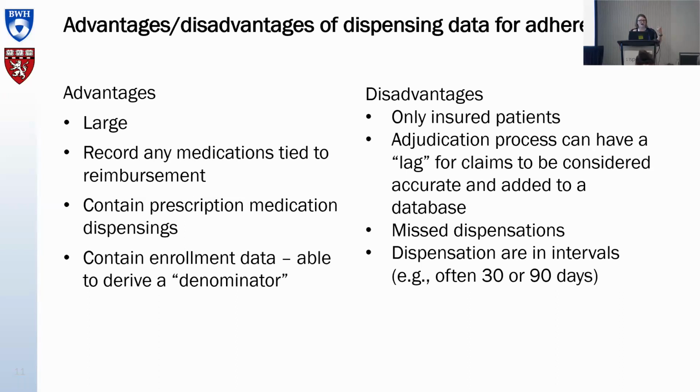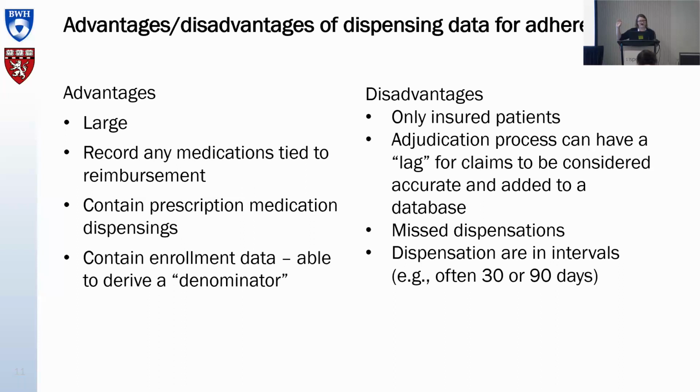And so it's not just your ability to get the data quickly, it's also their ability to consider it complete. And so if you're trying to react to, say, new medications or identify patients who are non-adherent for an intervention and reach out to them immediately, this lag can have some real implications. And so really, from pharmacoepi, of course, missing dispensations is really critical.